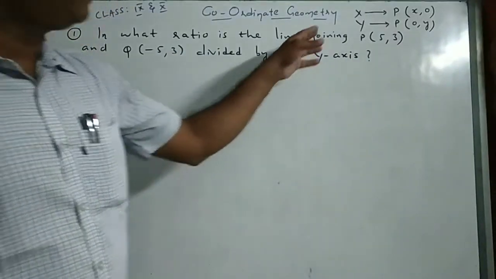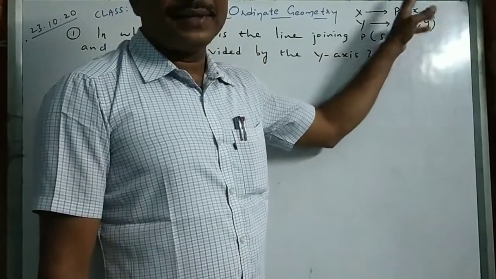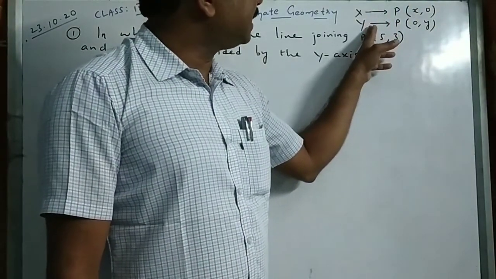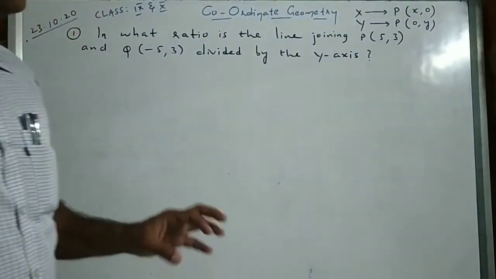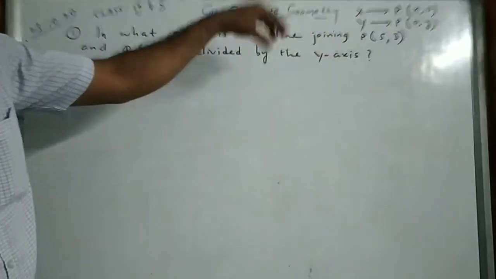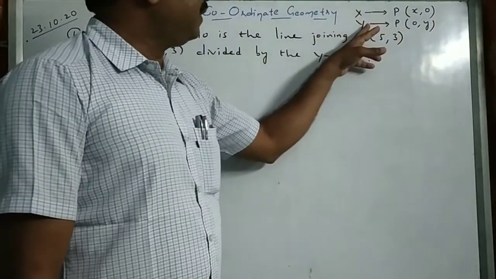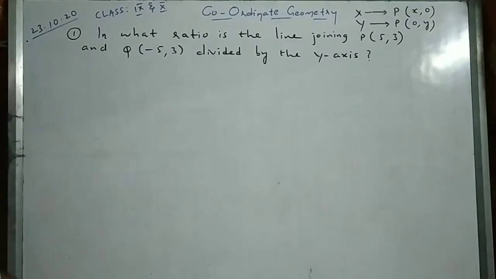You just remember that if it is x axis, y coordinate is 0. If it is y axis, x coordinate is 0. Is that clear? If it is x axis, y coordinate means ordinate is 0. If it is y axis, x coordinate means abscissa is 0.